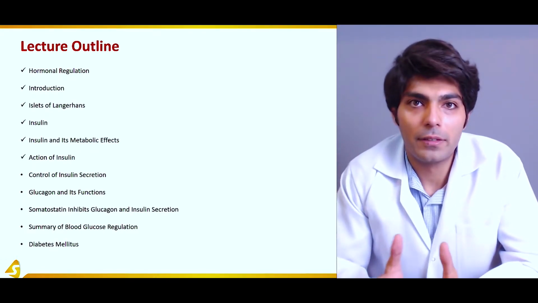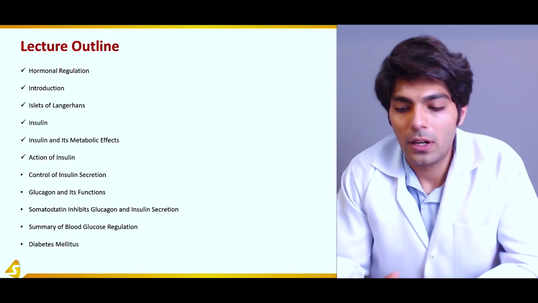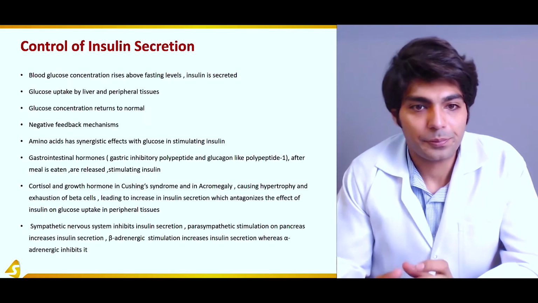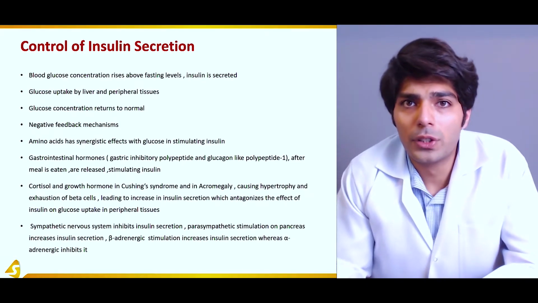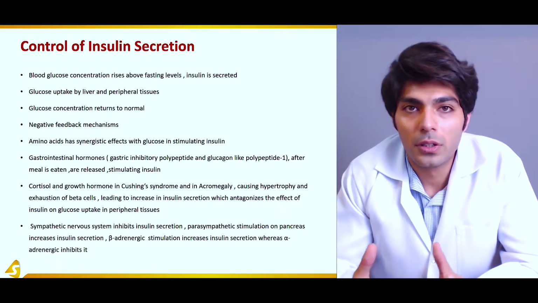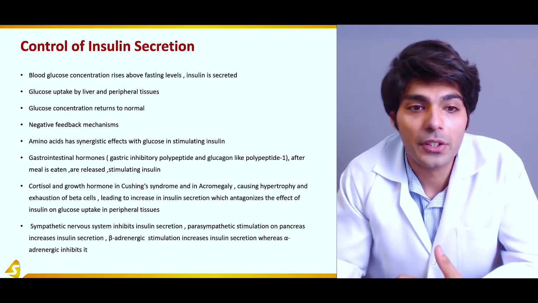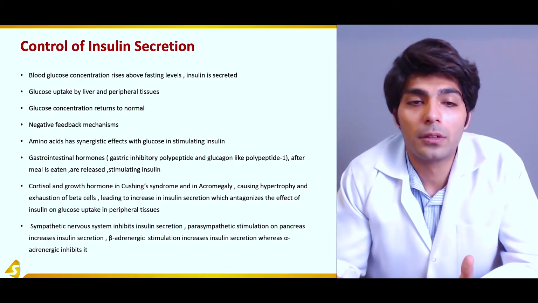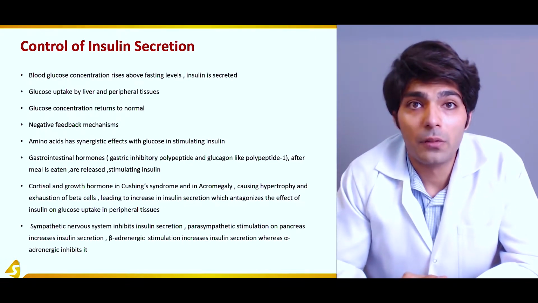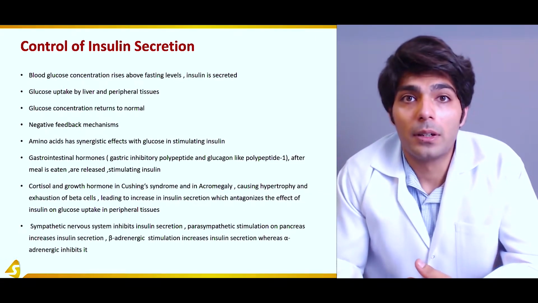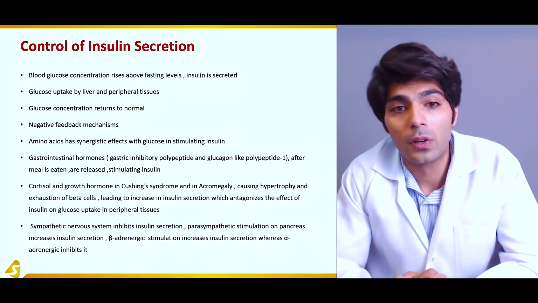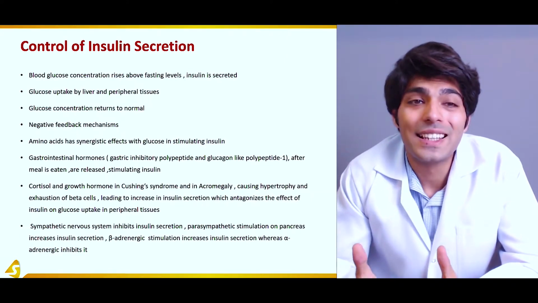So up till now we have discussed insulin. Now we are going to discuss glucagon, its synthesis and its metabolism. Before jumping directly into glucagon, we should also discuss the control of insulin secretion. When the blood glucose concentration rises above the fasting level, which is around 100 milligrams per deciliter, the normal range, insulin is secreted.